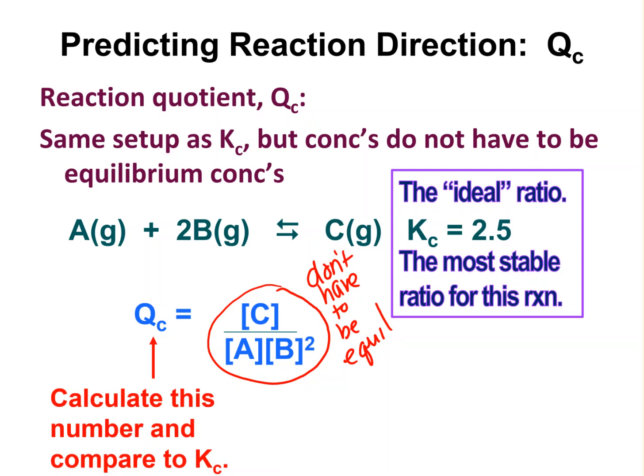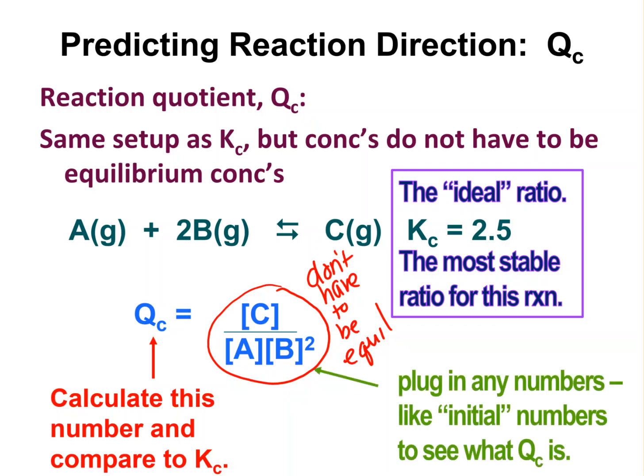So we calculate this number usually from initial conditions, like you're just told, okay, we mix the stuff together, these are the concentrations, and you calculate that number, and then you compare it to KC to see where it needs to go.